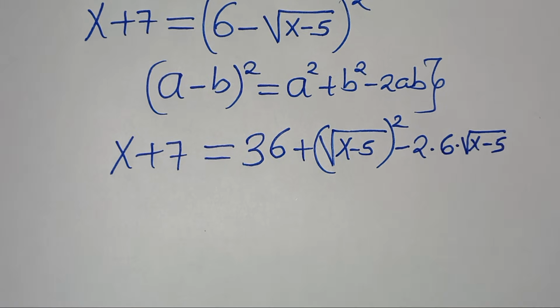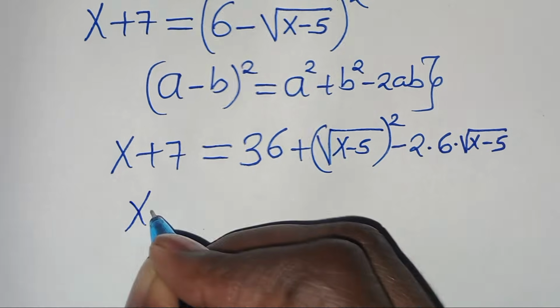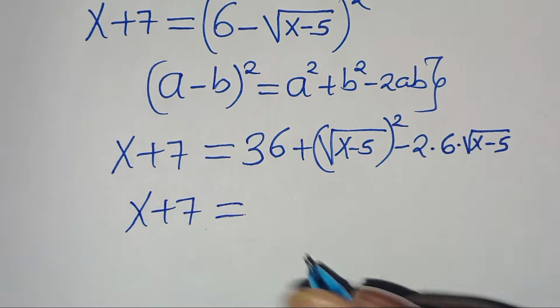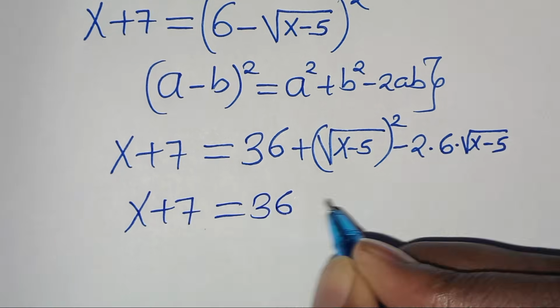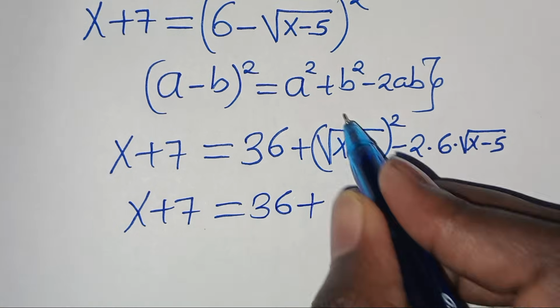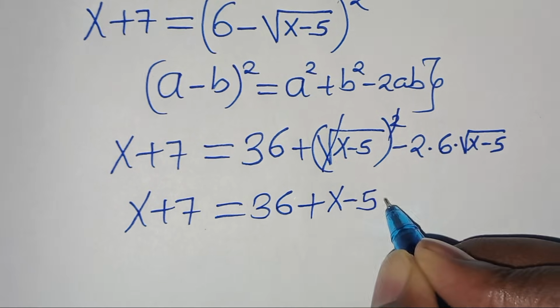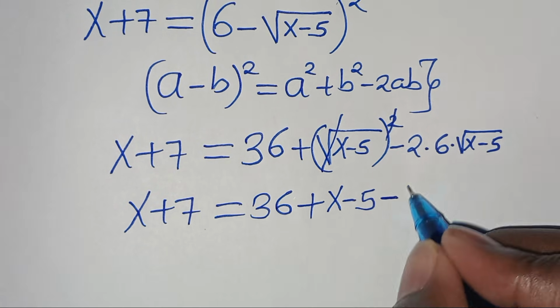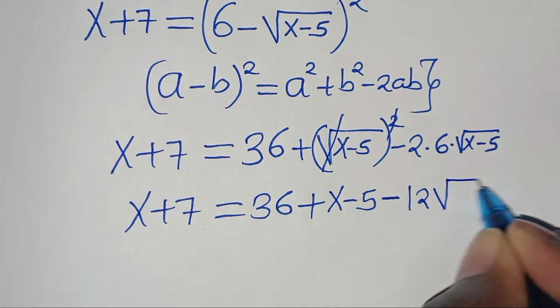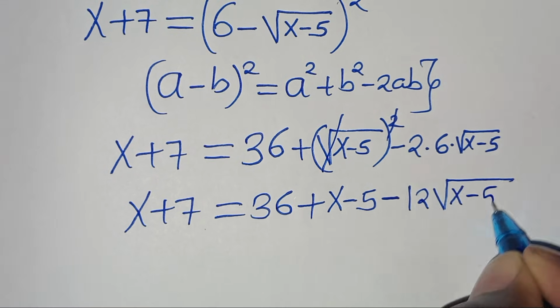Now, we have x plus 7 equal to 36, then plus, let's eliminate the square root sign here, so this is plus x minus 5. Then subtract 2 times 6, this is 12, multiplied by the square root of x minus 5.